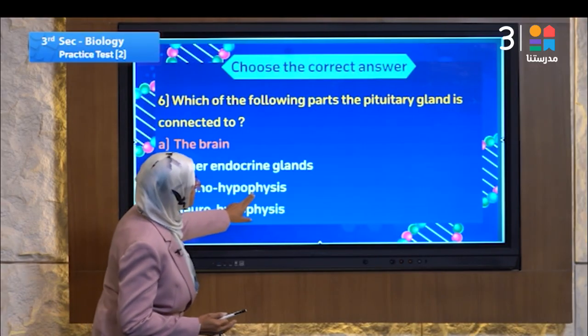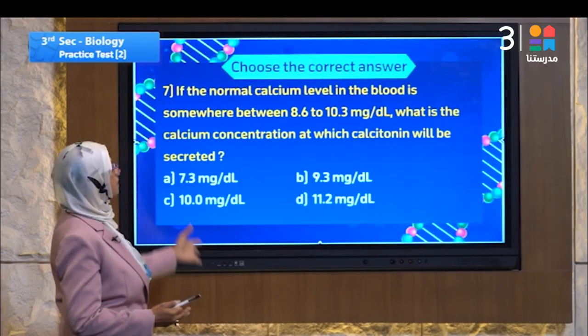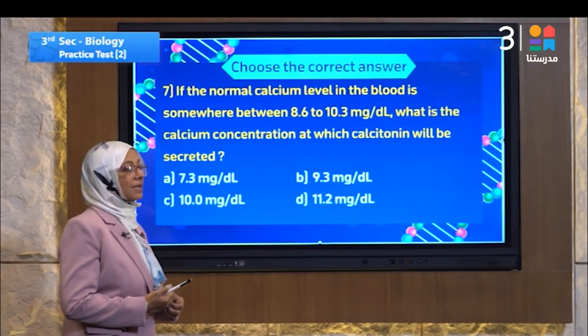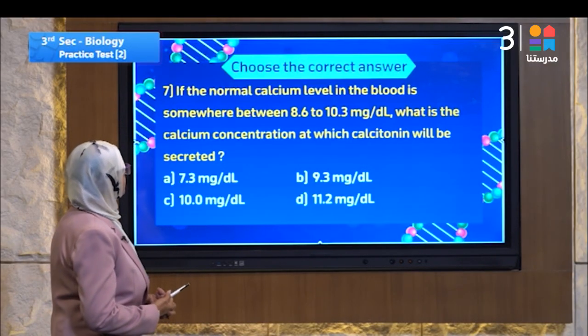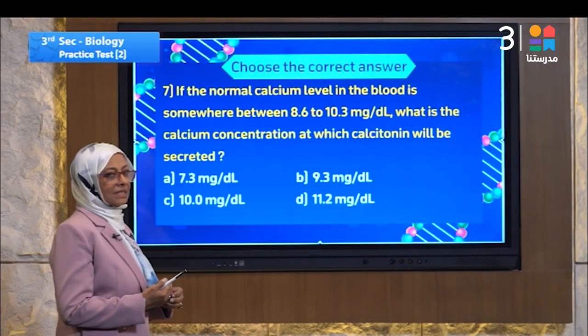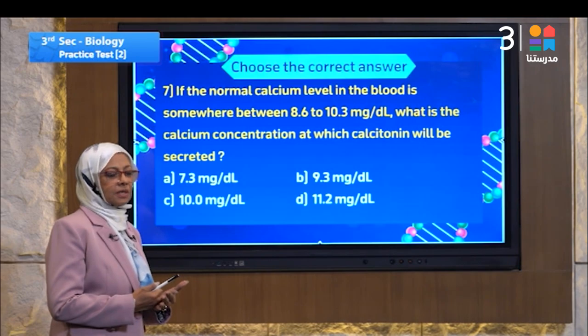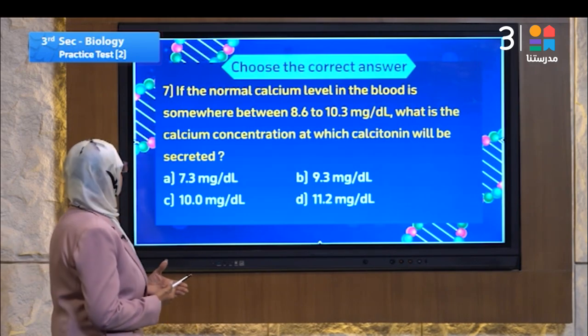Okay, number 7. Let's go to number 7. Question number 7 is about the blood calcium level. Let's see what the normal blood calcium level is. Let's read the question carefully first.